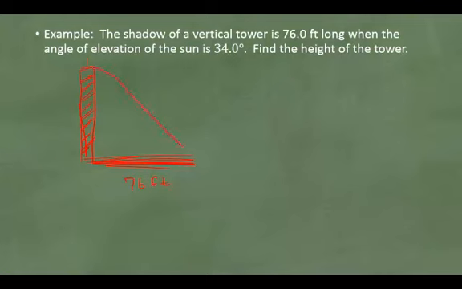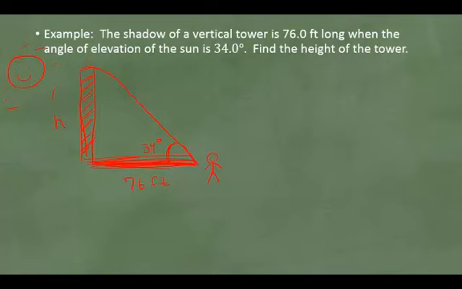In other words, as the sun is shining down on it, this angle down here is 34 degrees. And you can measure that if you're a person down here. You can use one of many tools just to measure that angle. And you can measure this shadow length also, right? 76 feet, 34 degrees. How can you find the height of the tower given that information?